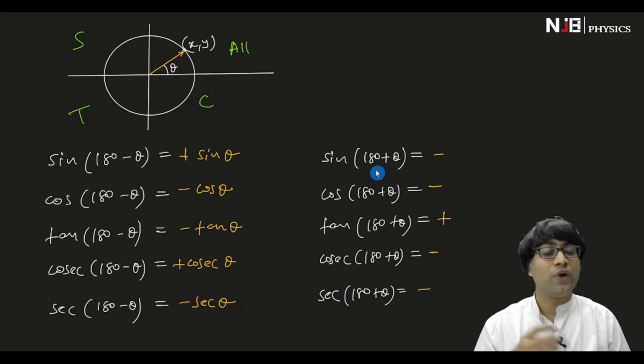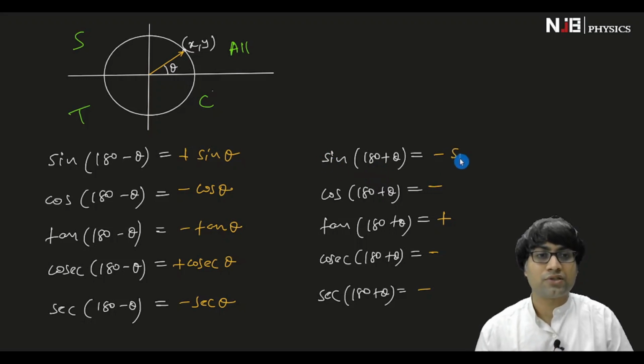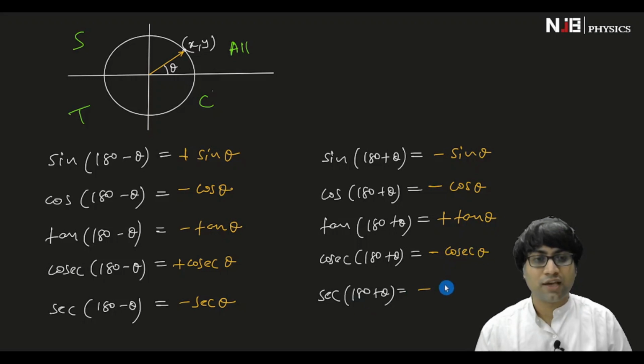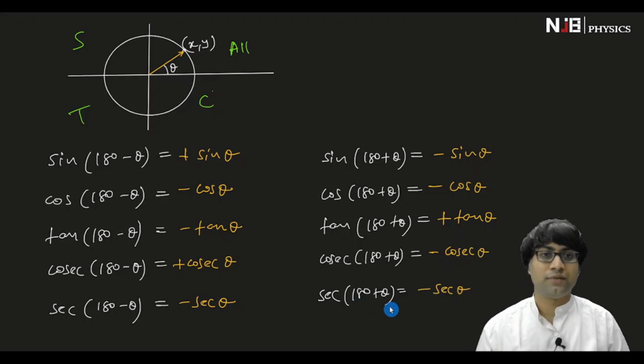And we know that it is 180 plus minus, so in that case we do not change, sine remains sine, so it is negative sine theta. Cos of 180 plus theta, cos will remain cos theta, tan will remain tan theta, and cosec will remain cosec, and sec will remain sec theta. So this is how we write the trigonometric ratios of 180 plus minus theta.